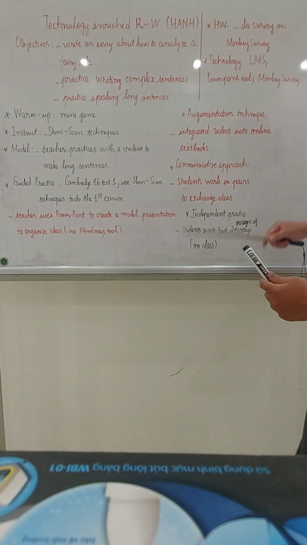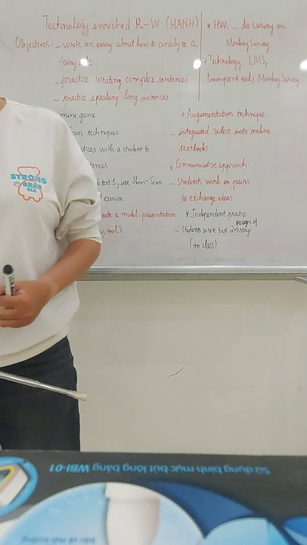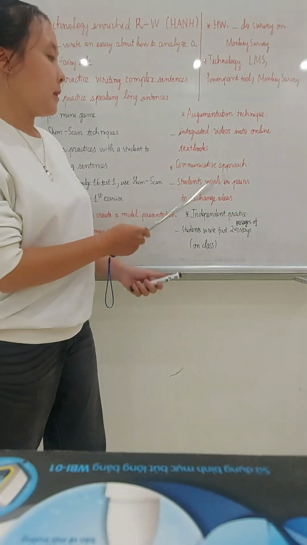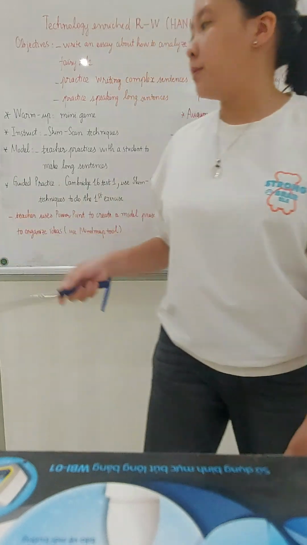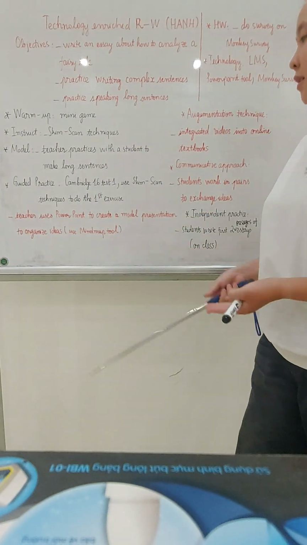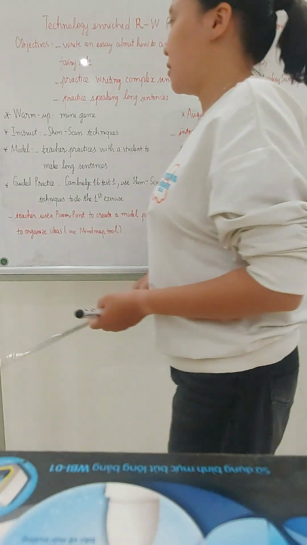So you have ideas. You have already discussed with your partners, and you have ideas, and you have structures, organization of an essay, and then you start to write the first two passages of the essay in the class.